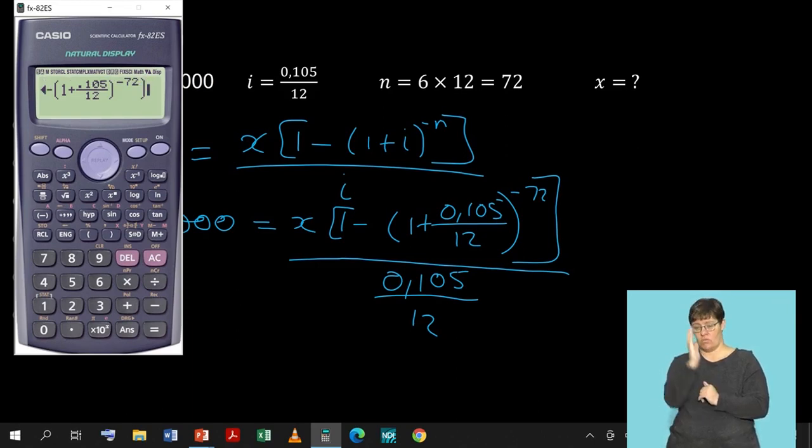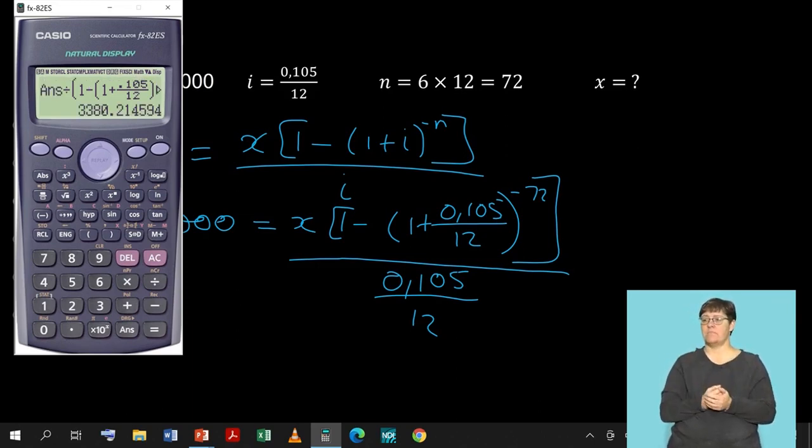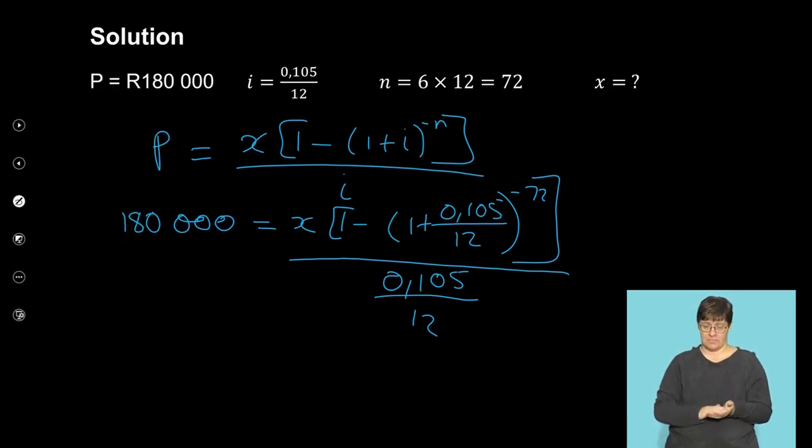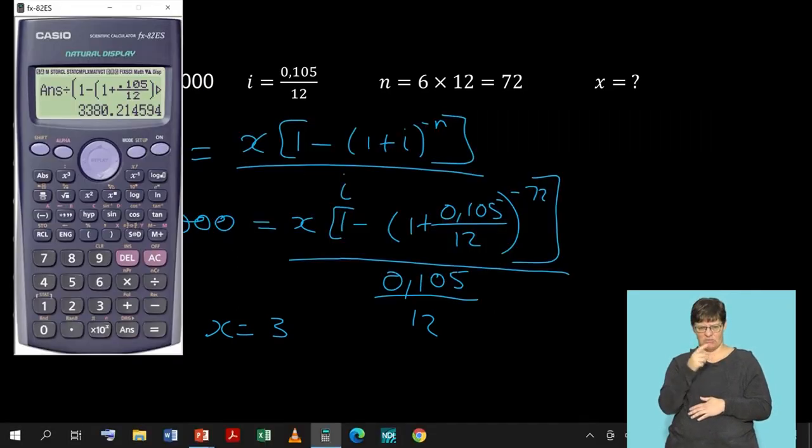You close the bracket after that, and then you get the amount. So it means this person will need to pay 3,380 rands per month in order to amortize this loan. So my X will be 3,380.